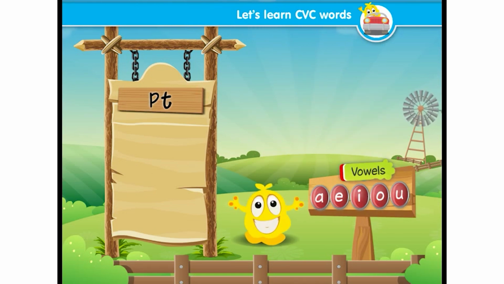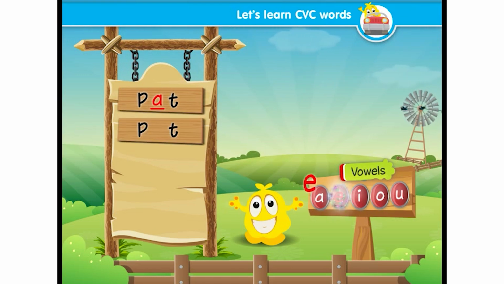P, T is here. It is difficult to pronounce it, but if we put letter A in between, it becomes P, A, T. Pat.